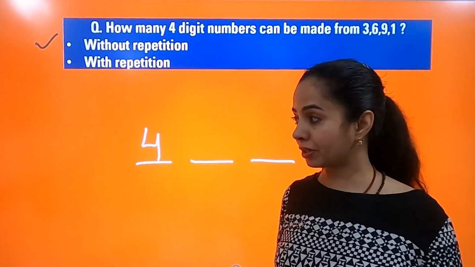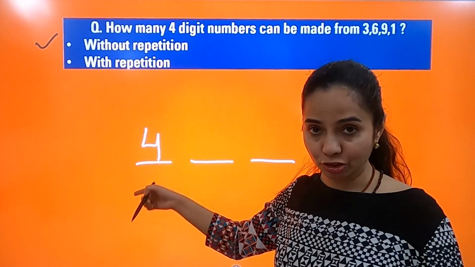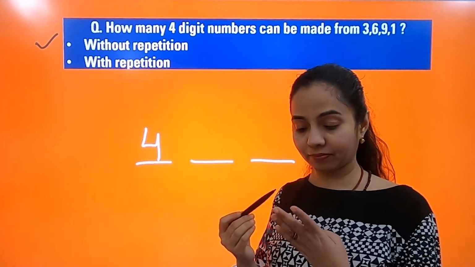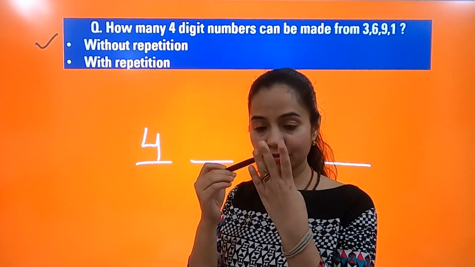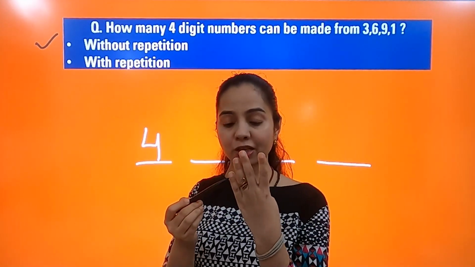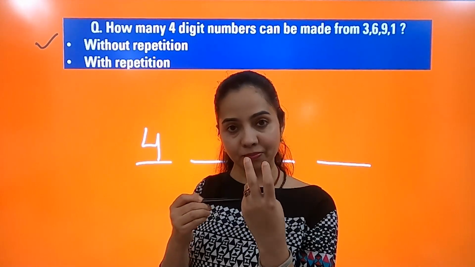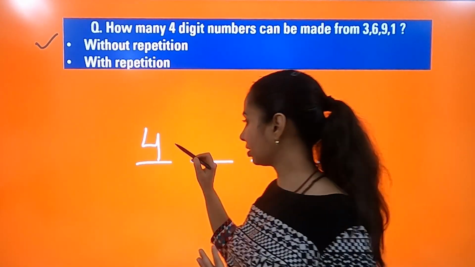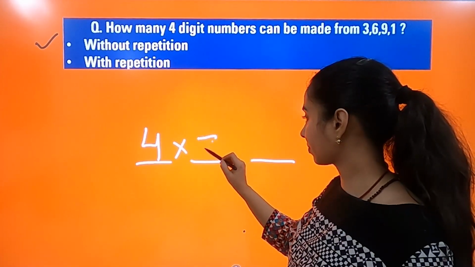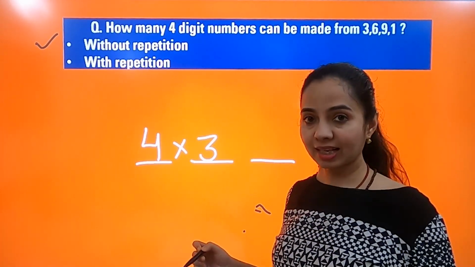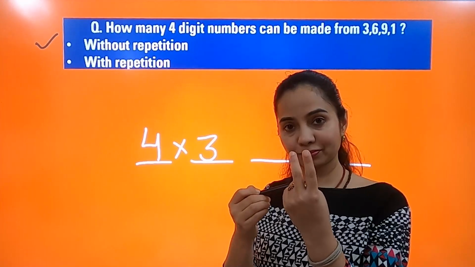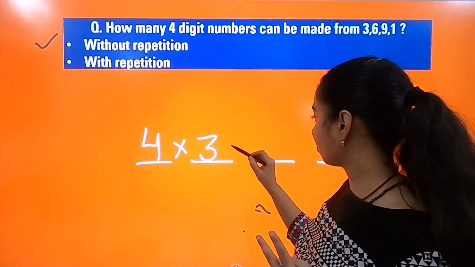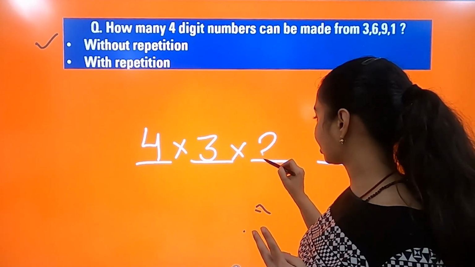Since I am doing without repetition, I cannot use the digit which I have used here. So I'm just left with 3. Initially I have 4, but now since I've used 1 for the first place, I'm just left with 3 options for the second place. Now, since I have used 2, I'm left with 2 options for the third place.